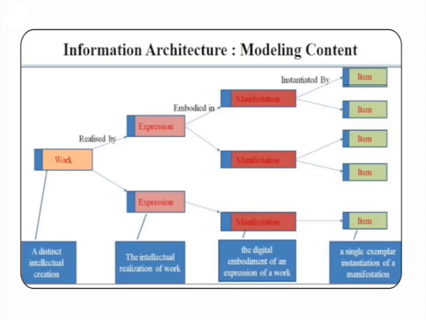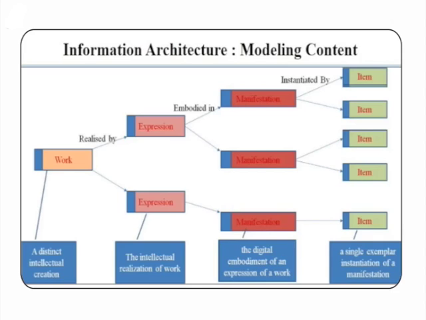Such a model will enable explicit attribution of rights information. The model allows content to be identified at work, expression, manifestation and item layers. At each of these layers, different rights and right holders may need to be supported, as shown.